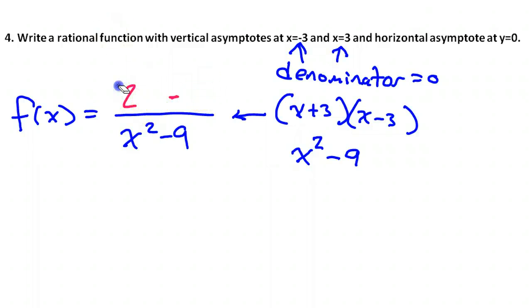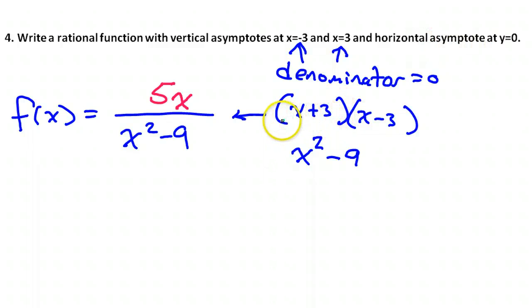So if you want a degree of 0, that means a constant. So you could just put like a 5 up here, or any number. And that would get it done. So there's any number of viable answers. So either throw a constant up here or something with a degree of 1. And that would give you the right horizontal asymptote of 0.